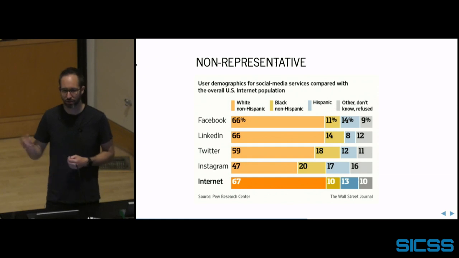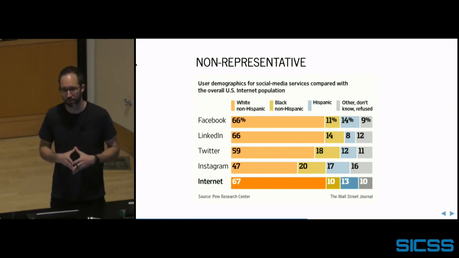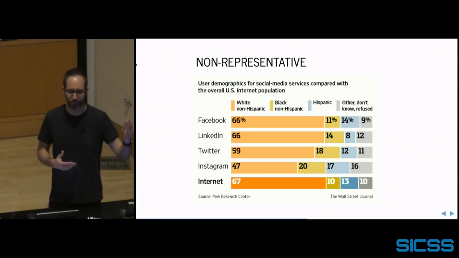So if we are using Twitter to study something like the Tahrir Square uprisings in Egypt, who's actually doing that tweeting, right? Is it elites? Is it young people? Turns out when we did the post-mortem of Twitter's role in the Arab Spring, we learned that many of those tweets were coming from London, right?